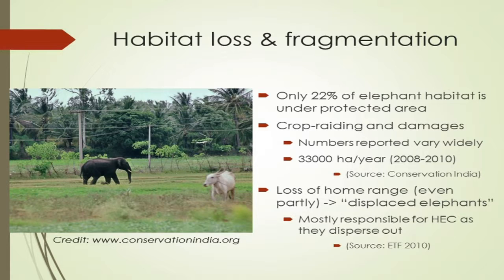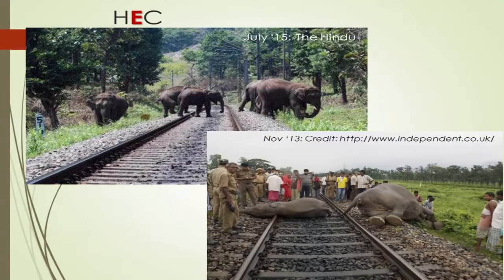And the results: there are quite a few instances like this, where these trains traveling at 100 to 120 kilometers per hour in this mountainous range where it is curvy, the drivers cannot see them. When they come through at this part, no amount of blaring the horn, nothing will help. And this is the story of how they are impacted.